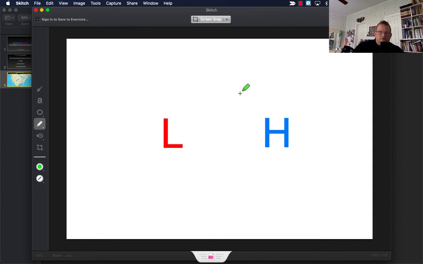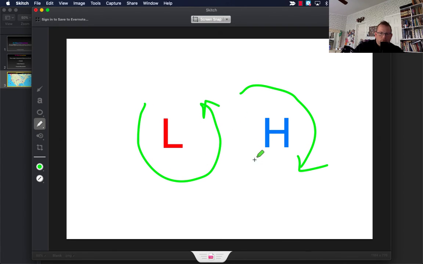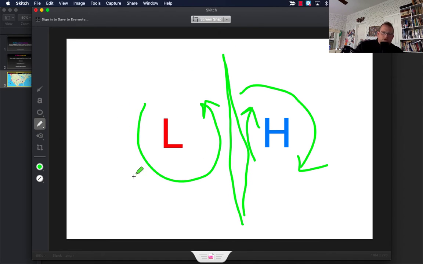So around a high pressure system, we said the wind is going clockwise. Around a low pressure system, the wind is going counterclockwise. So what do you notice right here? You've got this wind circling around this way.